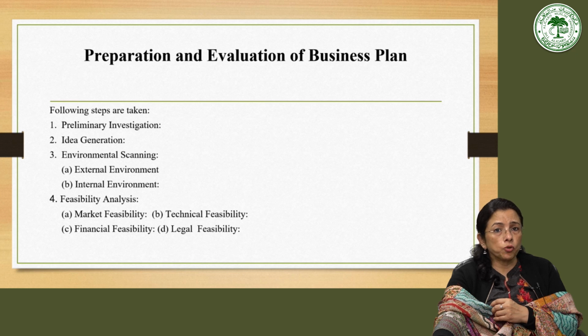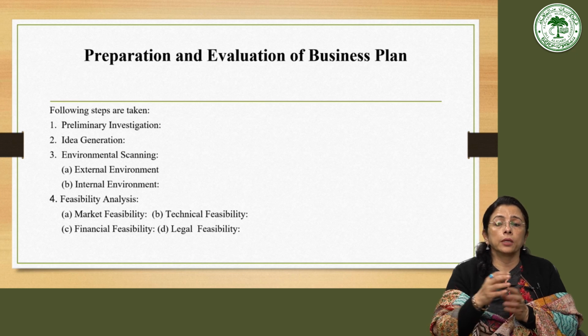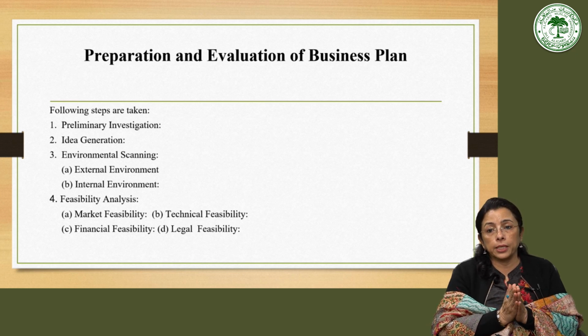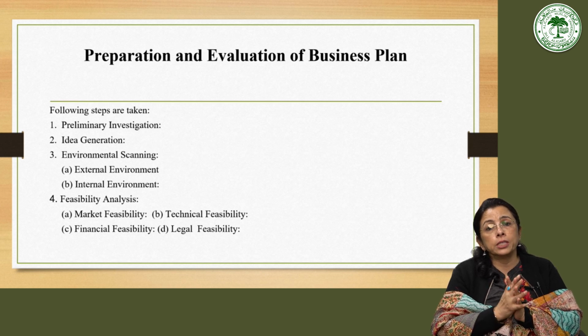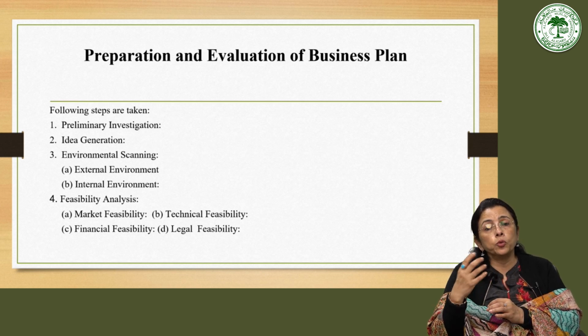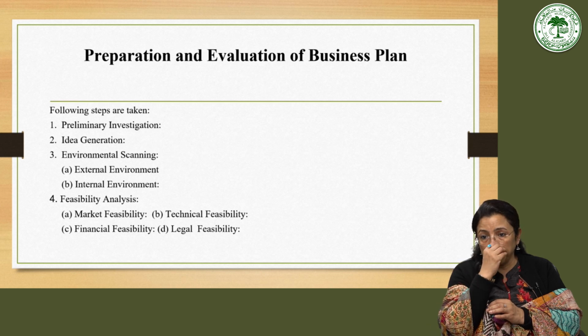After considering the social and cultural factors, we can go for demographic appraisal. It is very important. It is the study of the general pattern of the people who live in a particular area.